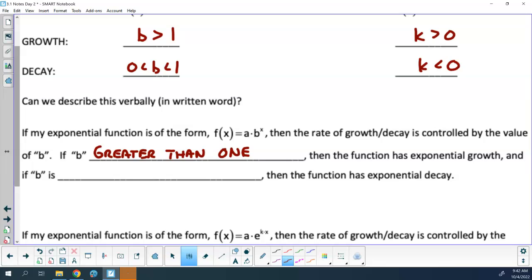And if b is between zero and 1, it's a decay.